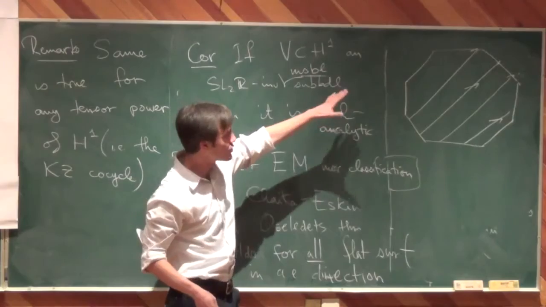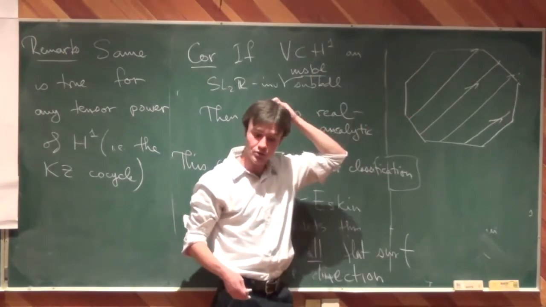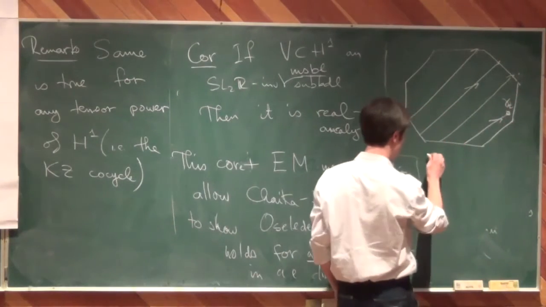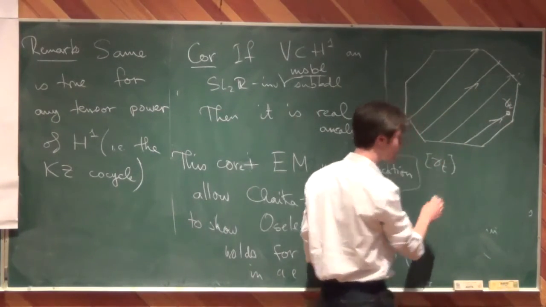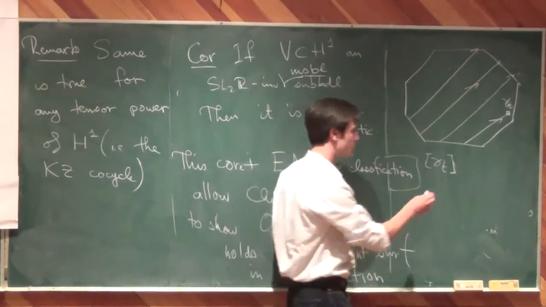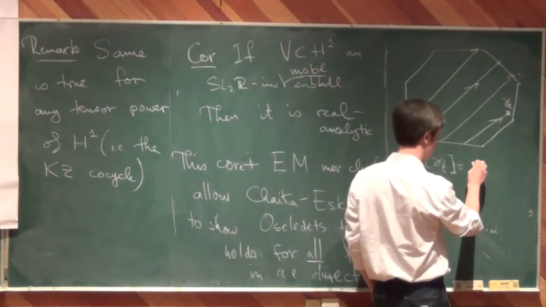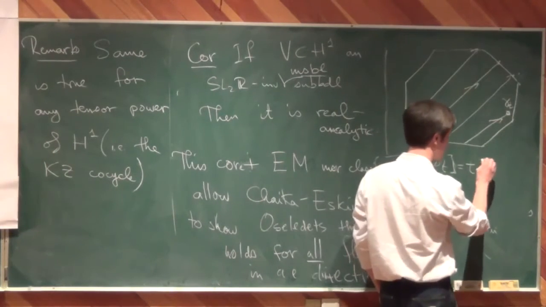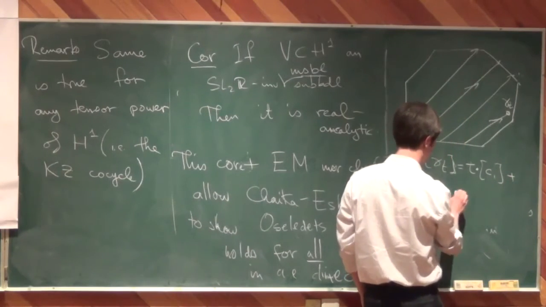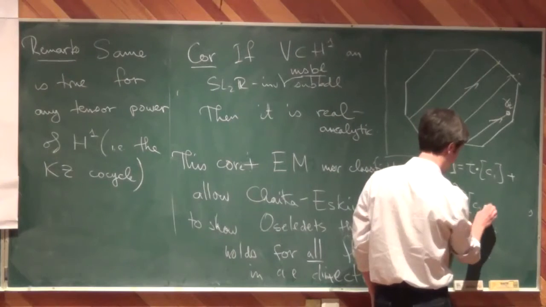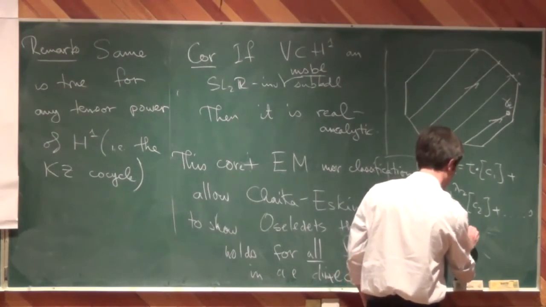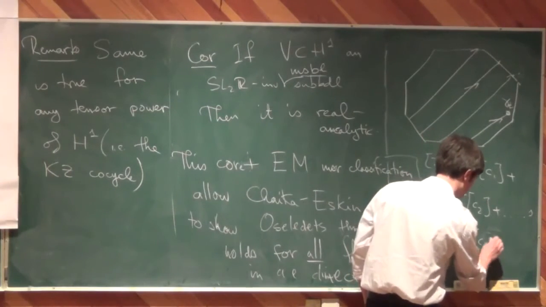Now when you do the gluings, this becomes a surface of genus 2. If you ask about this curve gamma t, the class in cohomology of this gamma t looks like this. This is what it means for the Oseledets theorem to hold. It says that this gamma t looks like t to the lambda 1 times some class, let me just call it C1, plus t to the lambda 2 times some class C2, plus and so on. So if you're on a surface of genus g, you'll have g terms, g homology classes.